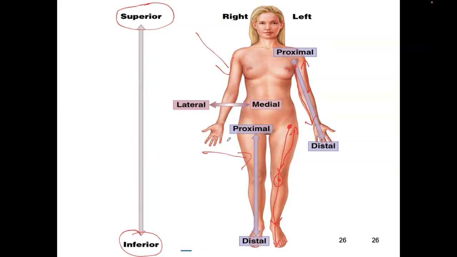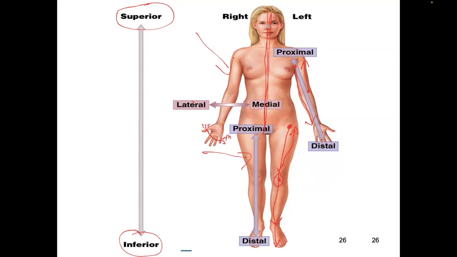If I'm at the fifth digit and I move to the first digit, I move laterally. If I'm at the first digit and I move towards the fifth digit, I move medially. So whenever I'm moving towards midline of the body, I'm moving medially. When I'm moving away from midline, I'm moving laterally. So the nose is medial.